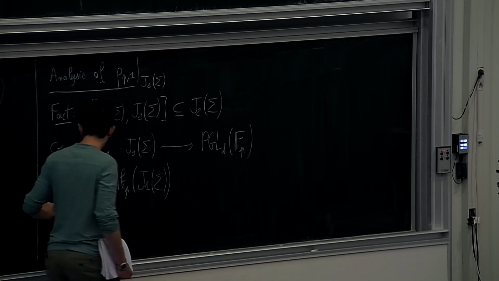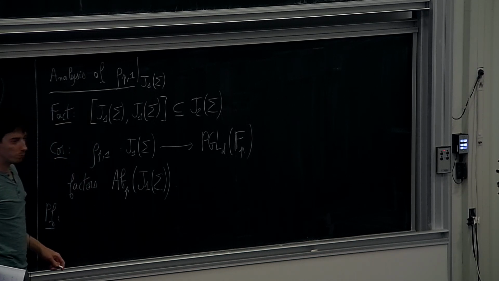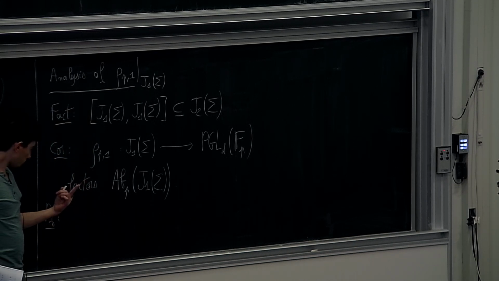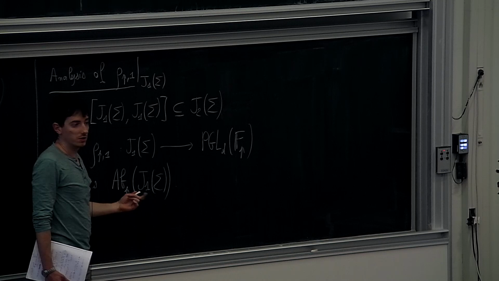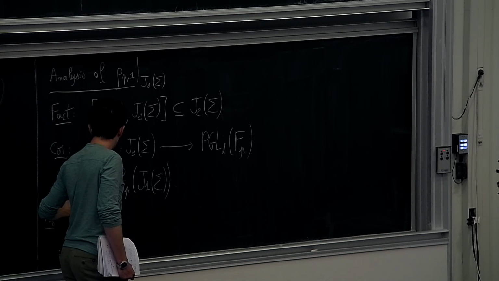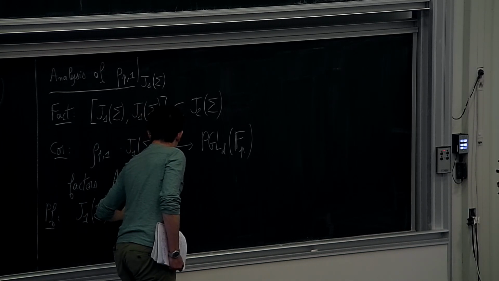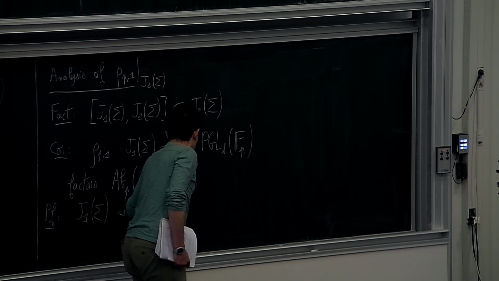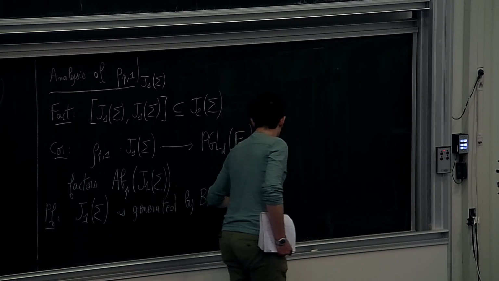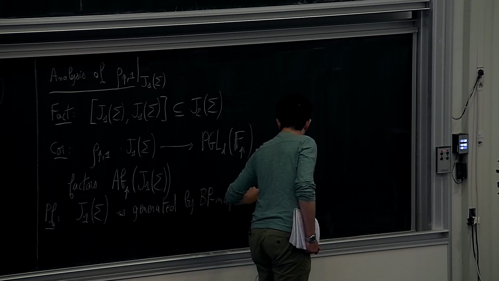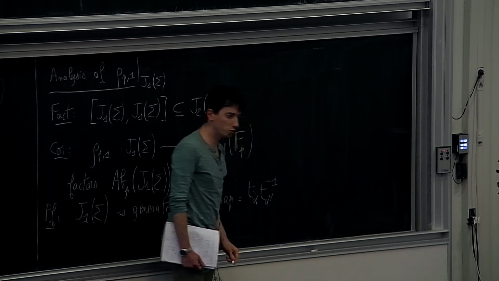But moreover, we know that the Torelli group is generated by bounding pair maps. So J1 of sigma is generated by bounding pair maps, which are of the form T_alpha T_alpha' inverse, where those curves are disjoint.